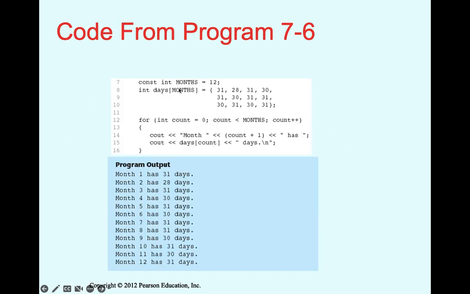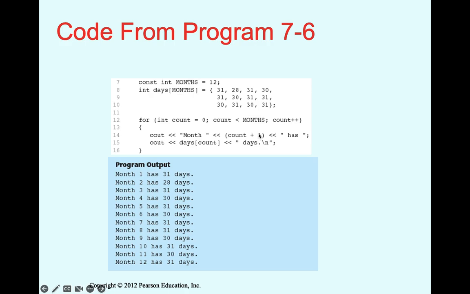So this is an example. We have months, 12 months. We create an array of size 12, and we write the number of days for each month, 31, 28, 31, and so on. And then we make a loop, and we print the month. We don't have month 0, so we start from month 1.